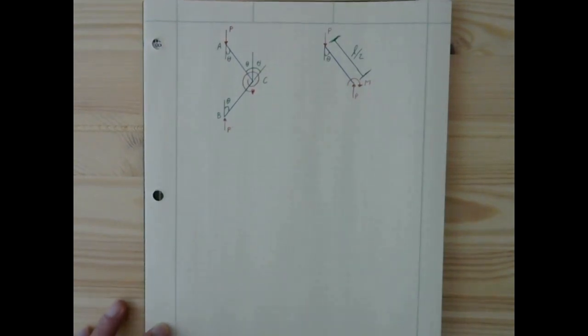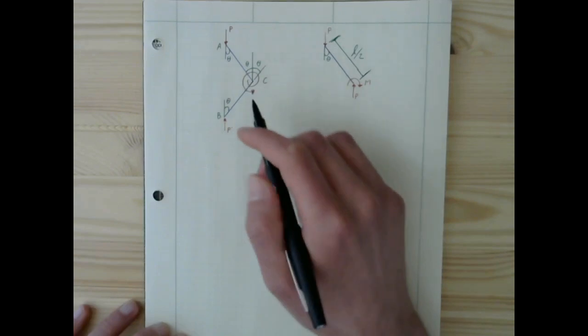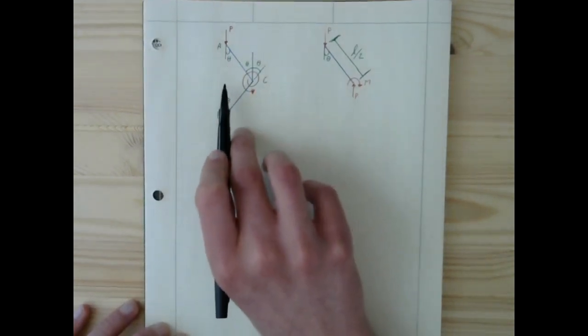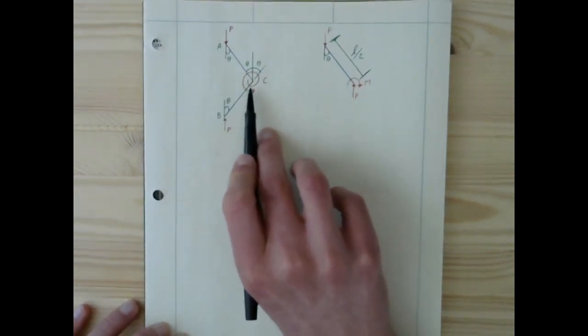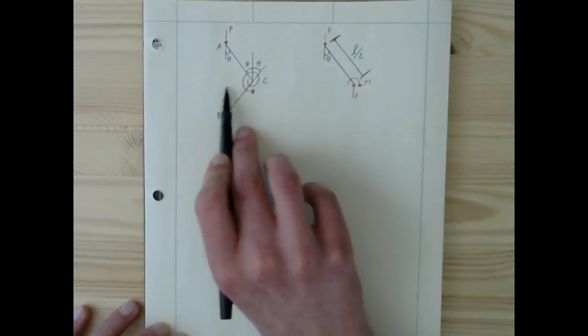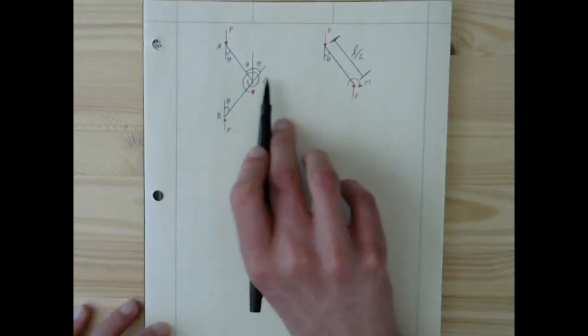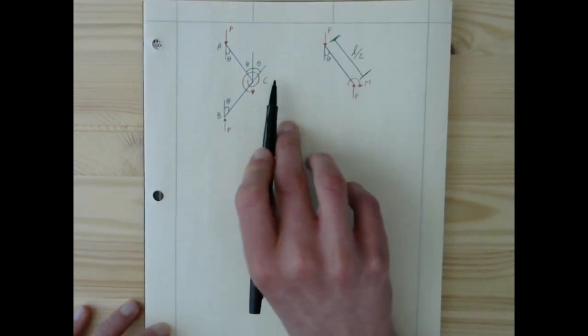Okay, if we do that, then as we force this down and force this out, this spring is going to exert a moment to try to push us back into straight up and down. So as we push out, the moment exerted by the spring is going to go up.